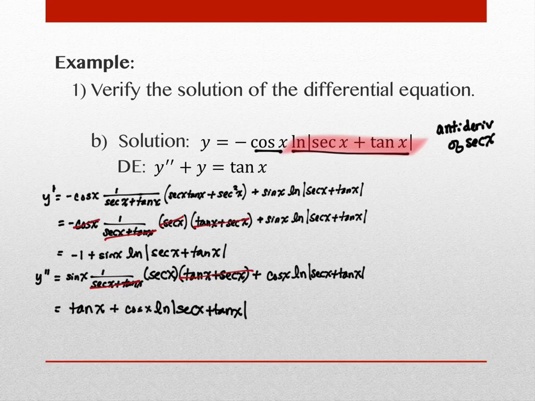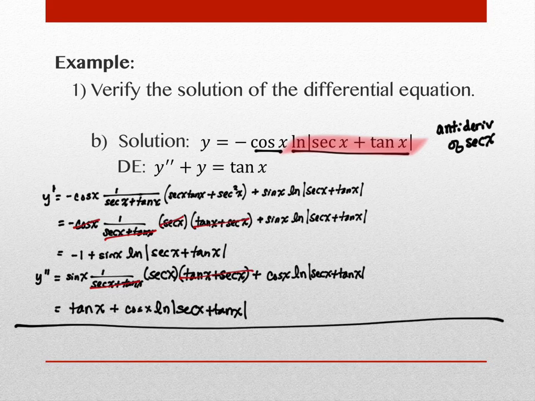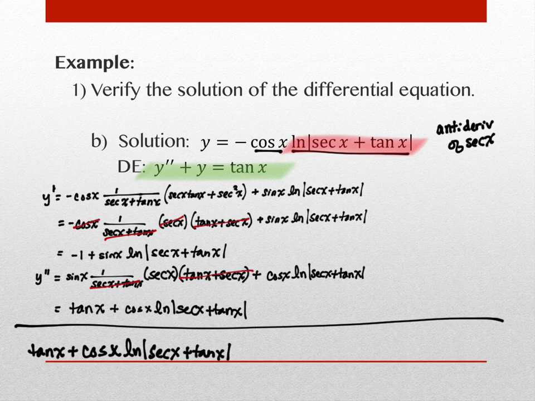So as we're working on the last bit, we're supposed to be verifying this right here. I'll change colors. So I need y double prime. That's what I just found. So tangent of x plus the cosine of x times the natural log of secant x plus tangent of x, okay?